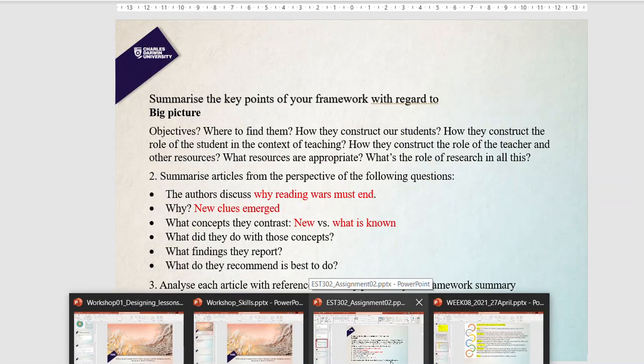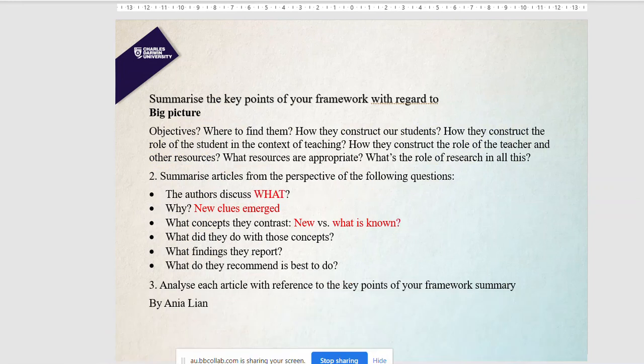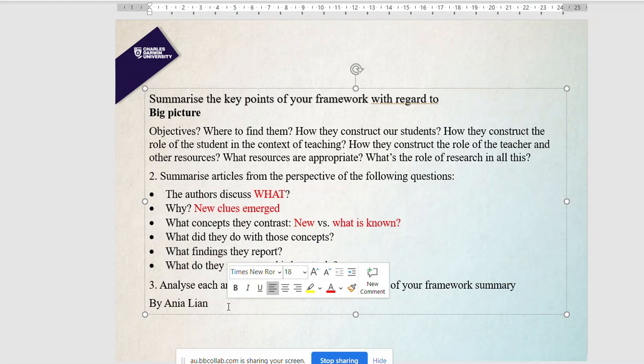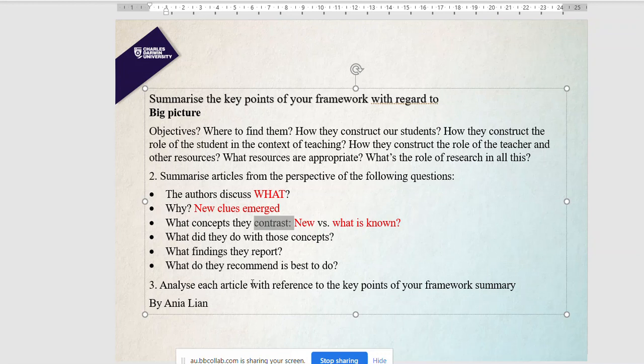But fundamentally, ultimately what you need to do is to return to your framework, I think here, right? So once you've done all of this, you told us what they discuss and why and what things they compared, then you need to present your perspective on it.